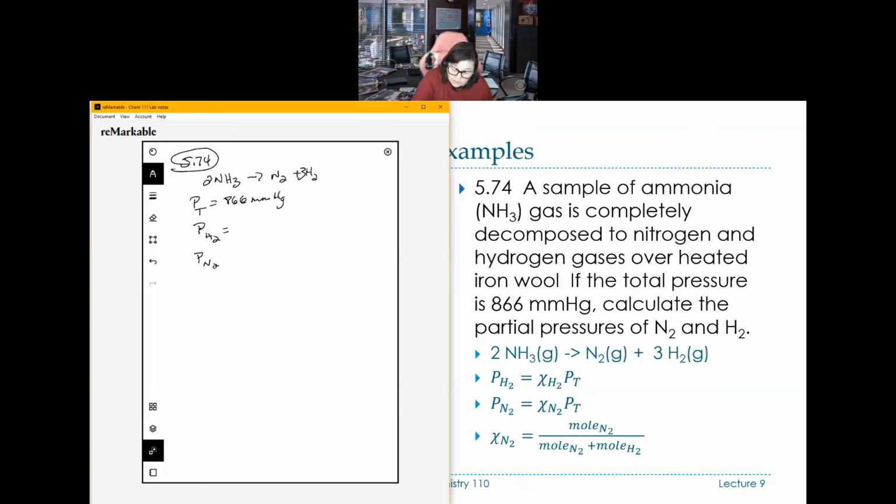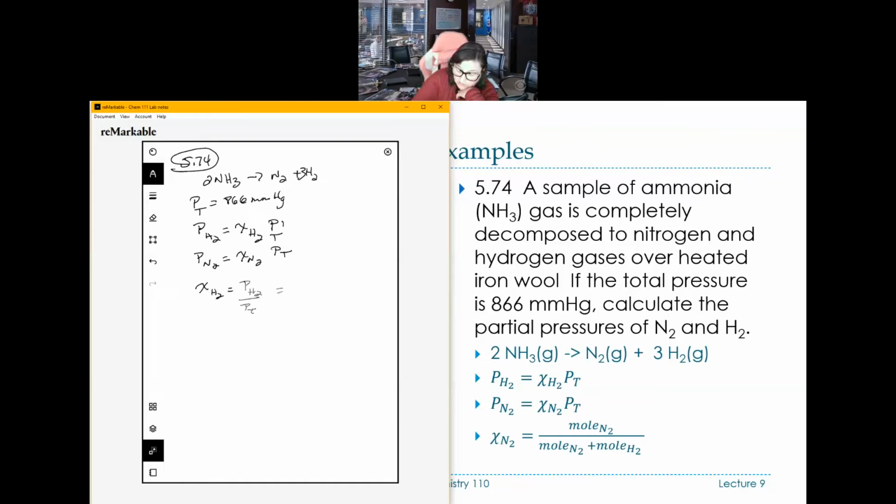Well, I know that the pressure of H2 is the mole fraction of H2 times the total pressure, and the pressure of N2 is the mole fraction of N2 times PT. I can rearrange this, and I can get the mole fraction of H2 is equal to P of H2 over PT.